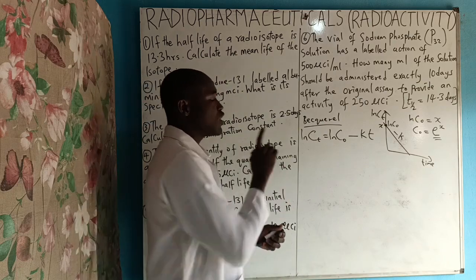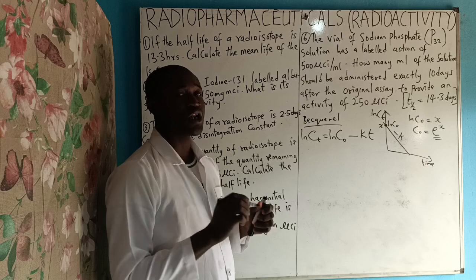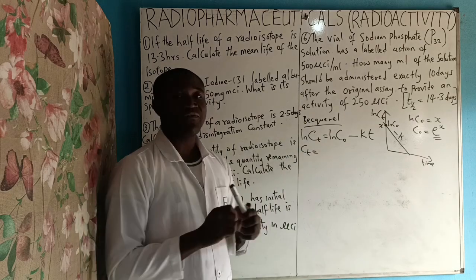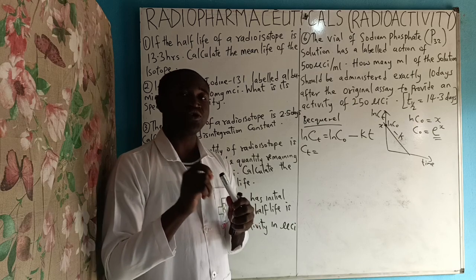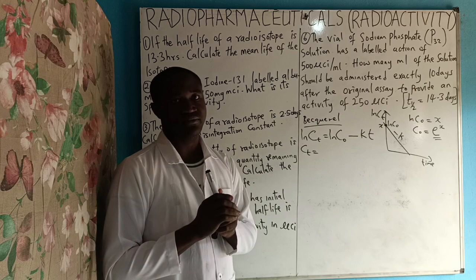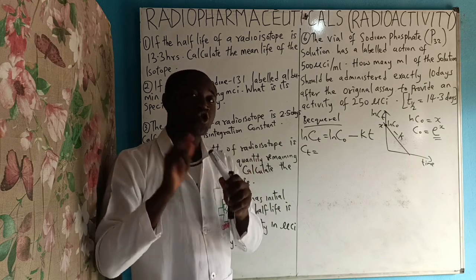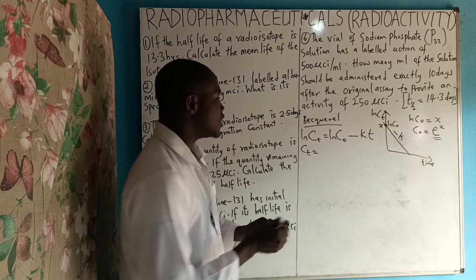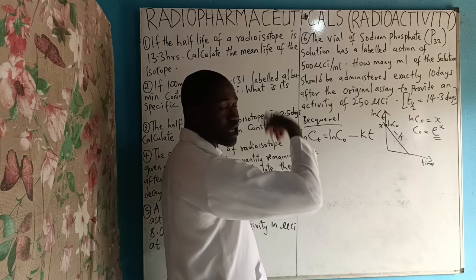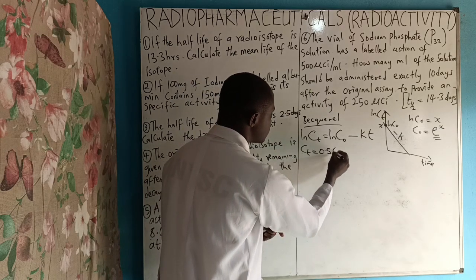From the first order reaction equation, we noted the half-life. Half-life simply means the time it will take 50% of that radiopharmaceutical product to decay. Yes, or the time it will take that radiopharmaceutical product to decay to its half. And so Ct decaying to its half of the initial concentration means that Ct will be equal to 0.5 C0.